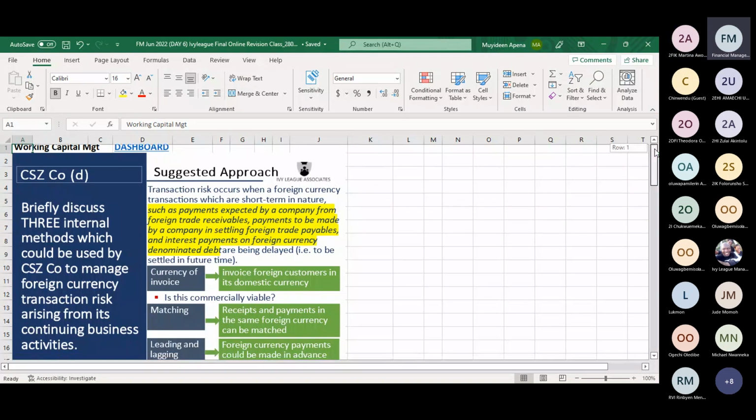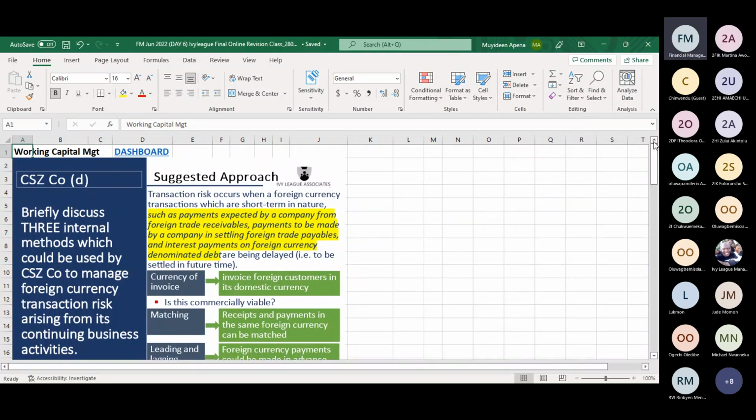So I have sent this to everyone. This is saying briefly discuss 3 internal methods which could be used by CSZCO to manage foreign currency transaction risk arising from its continuing business activities. You agree with me that in the question we are told that the company is doing both domestic and foreign transactions. So how can they manage the foreign currency transaction risk? Where the foreign customers are owing them, or perhaps they are owing foreign suppliers as well.